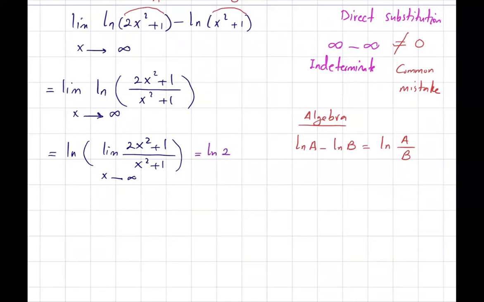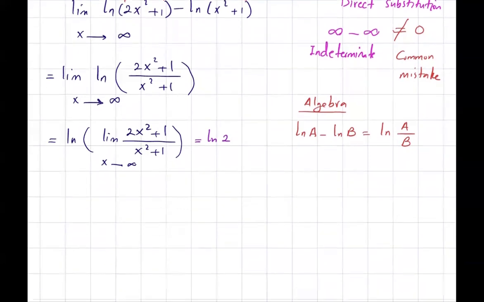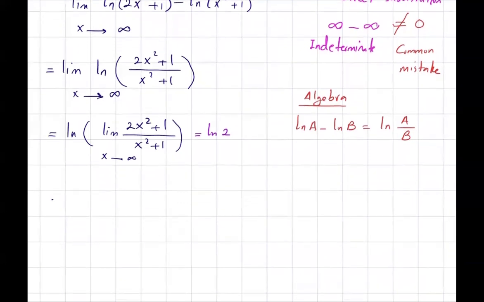But I need to show step by step, using calculus or algebra, to prove this. This is basically the ln of, when you're taking the limit, let us divide everything by x squared. You have 2x squared divided by x squared plus 1 divided by x squared, over x squared divided by x squared plus 1 divided by x squared, and x goes to infinity.